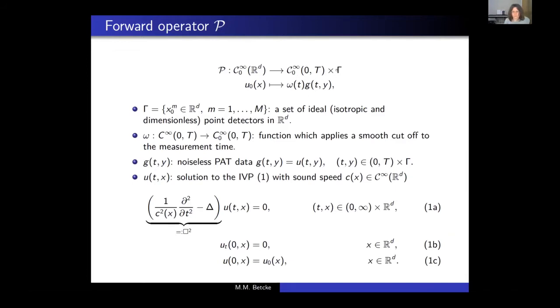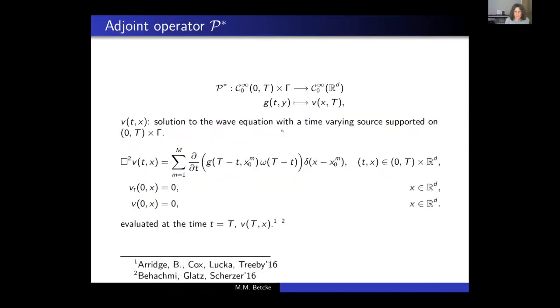This is what it is trying to convey. For technical reasons, we need the function on this time interval to be smooth, which is enforced by this smooth aperture function. Okay, so we have a forward operator.